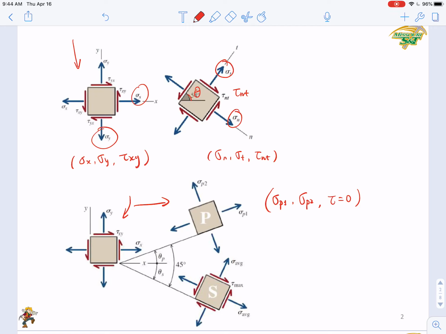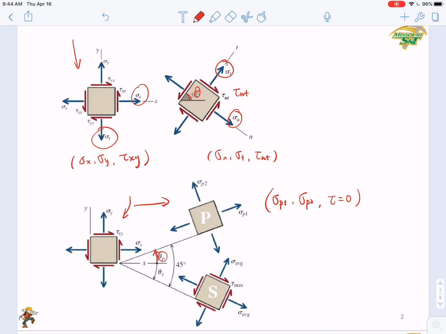Then you can achieve this principal stress status from the original state by a rotation of theta p. Right, here is the theta p. By rotation of theta p, you will get the status of principal stresses. Then how about the maximum shear stress? You just rotate it to the opposite direction, by angle equals theta p minus 45 degrees.